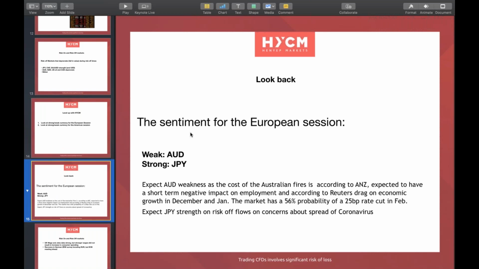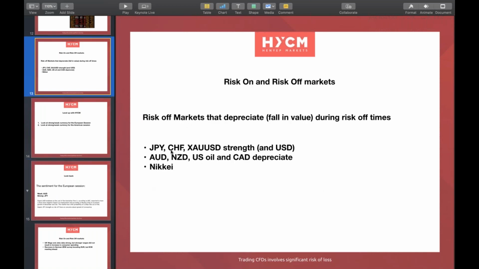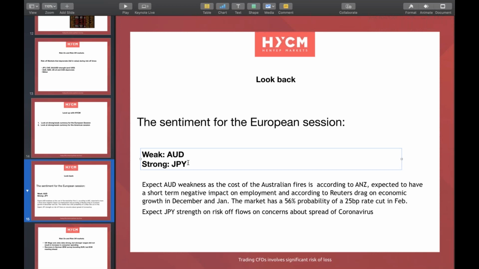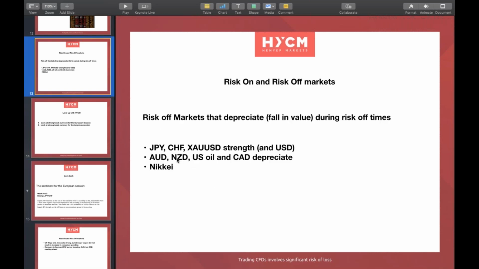So that's what we're expecting. Weak Australian dollar, strong Japanese yen. In a risk-off market, you tend to see yen or Swiss franc strength. So for strong currencies you would expect to see Japanese yen or Swiss franc, and for the weak currencies we expect Australian dollar, New Zealand dollar, and potentially Canadian dollar.